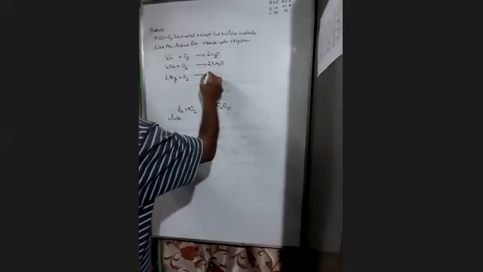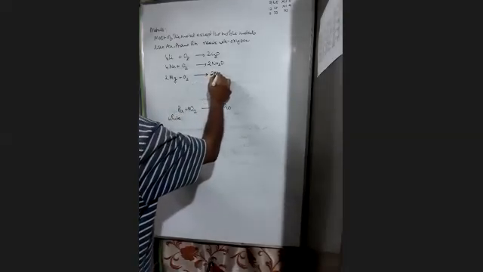If you have taken magnesium, it burns with a white flame in oxygen. So it will give you magnesium oxide. Right? Then comes aluminium.